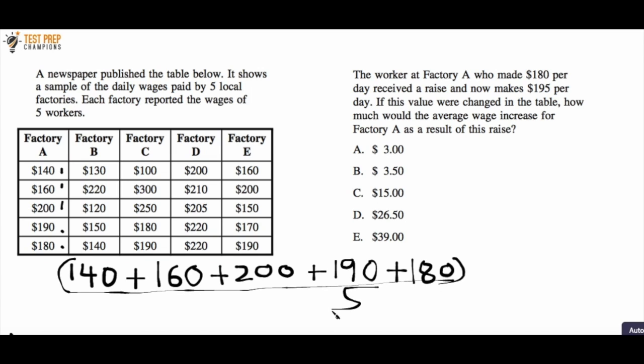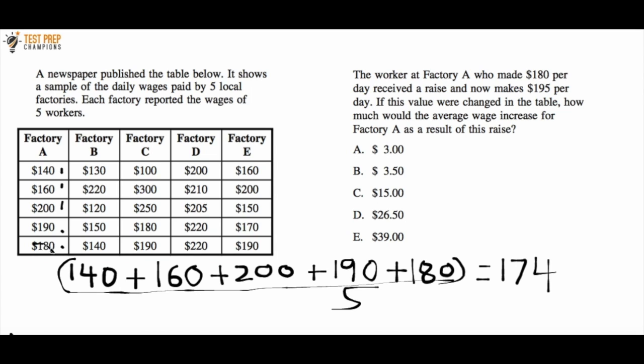So 140 plus 160 plus 200 plus 190 plus 180 divided by 5 equals 174. So the average wage was 174 before the guy that was making 180 per day received the raise.